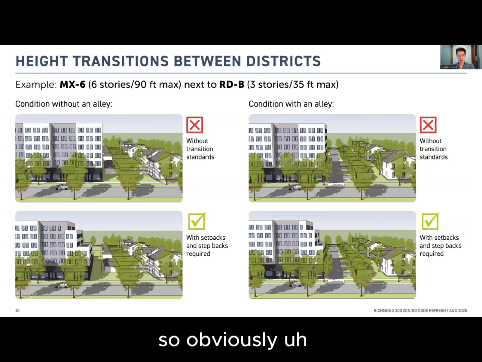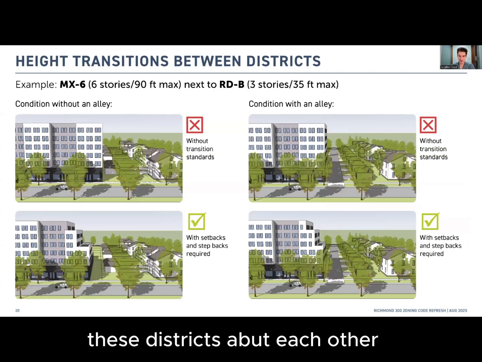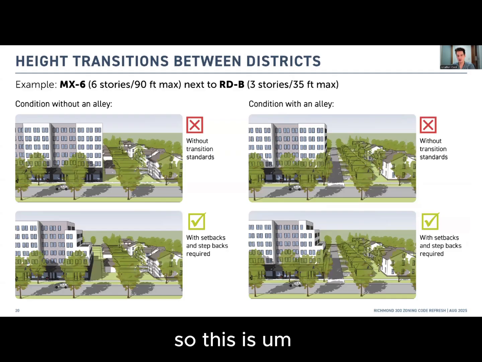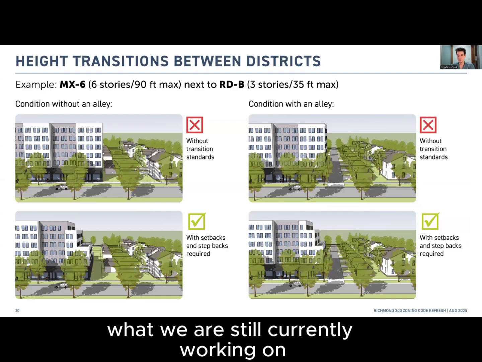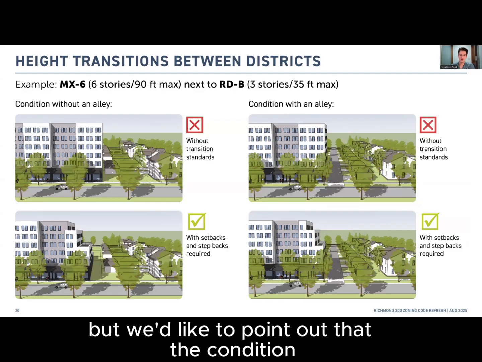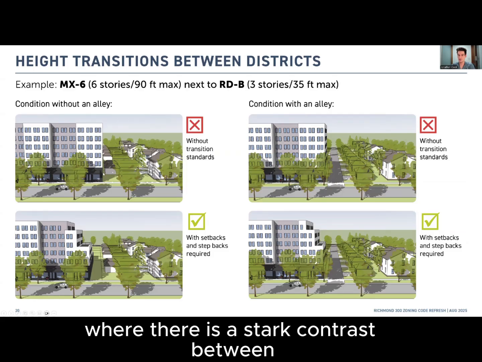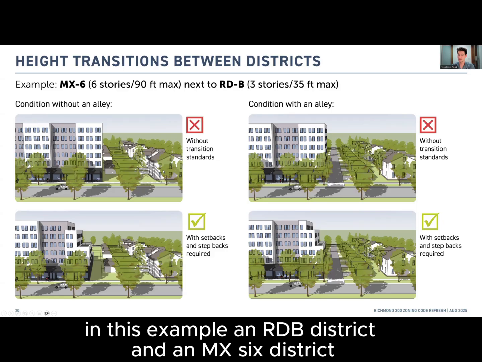So obviously, these districts abut each other and they necessitate transition standards. So this is what we are still currently working on, but we'd like to point out that the condition above is not what we would like to see, where there is a stark contrast between, in this example, an RDB district and an MX6 district.